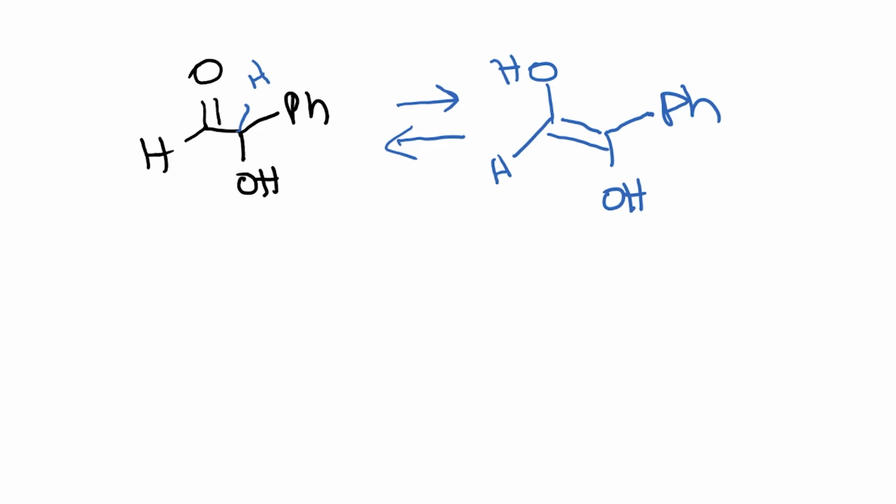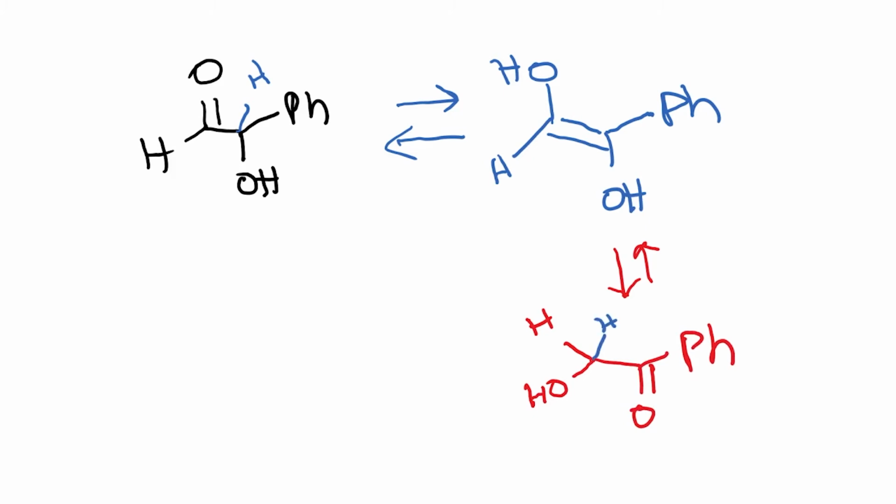So in principle, you can propose that it would form the keto form, where this carbon-oxygen bond can form the keto form. So you would end up with OH, H, and C double bond O, Ph. So here is the structure of the compound that you can form.